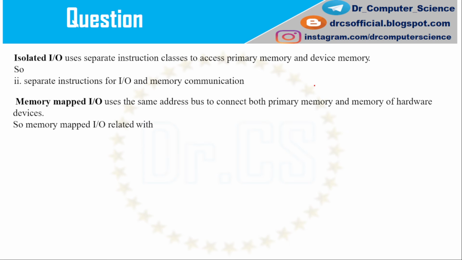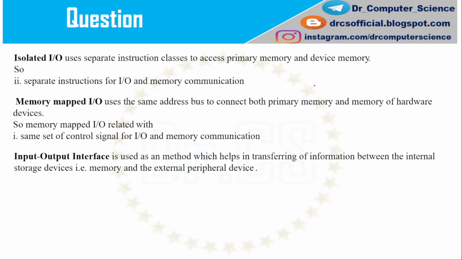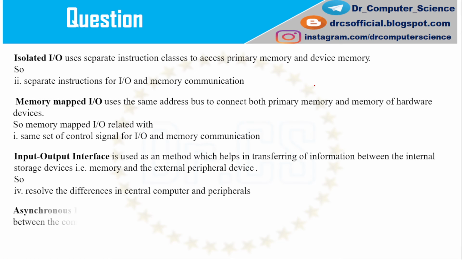So memory mapped IO is related with the same set of control signals for IO and memory communication. The input-output interface is used as a method which helps in transferring information between the internal storage devices, that is memory, and external peripheral devices. So it is related with resolving the difference between the central computer and peripherals.